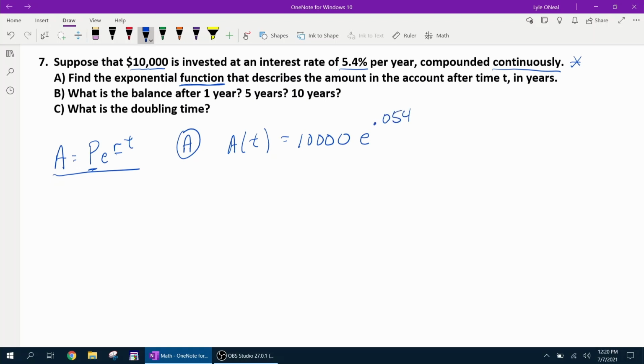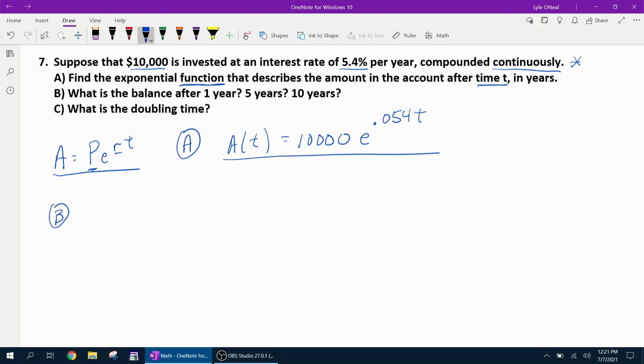Remember, you have to move that decimal 2 places to work with the percent. And then t, because it says after time t. So t is going to be our input. A of t is our output. That is our function.